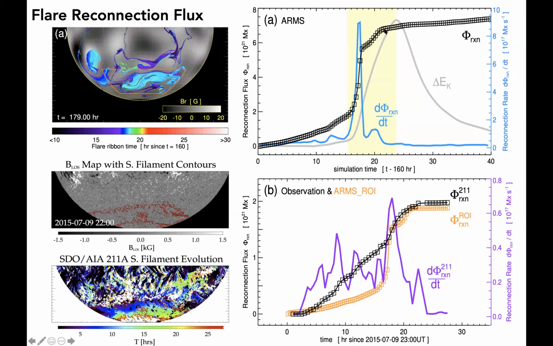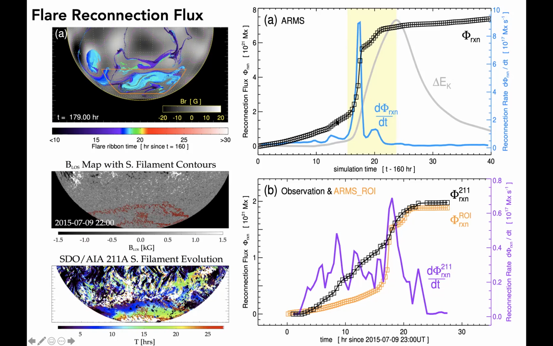That's what I've done here at the top. The black line is reconnected flux with time, and the blue line is basically the derivative, so it's the reconnection rate. The yellow bar is that same impulsive phase of the flare, and we've plotted the global kinetic energy to put everything in context.